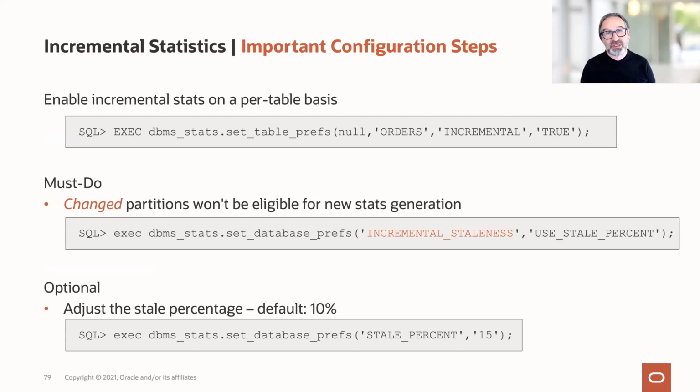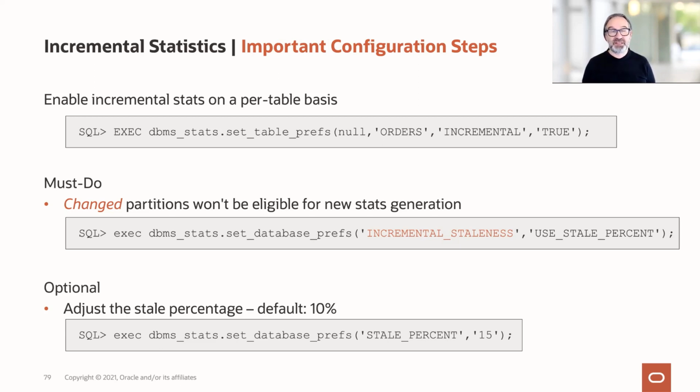A must do is that you also enable the staleness, the incremental staleness. Because by default, let's say we changed an order given a week ago in one of the existing partitions, then without incremental staleness, the statistics for this old partition will become stale right away.